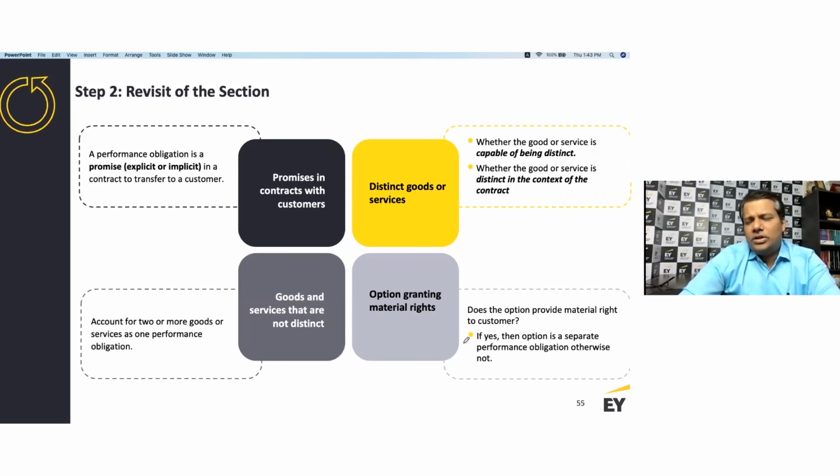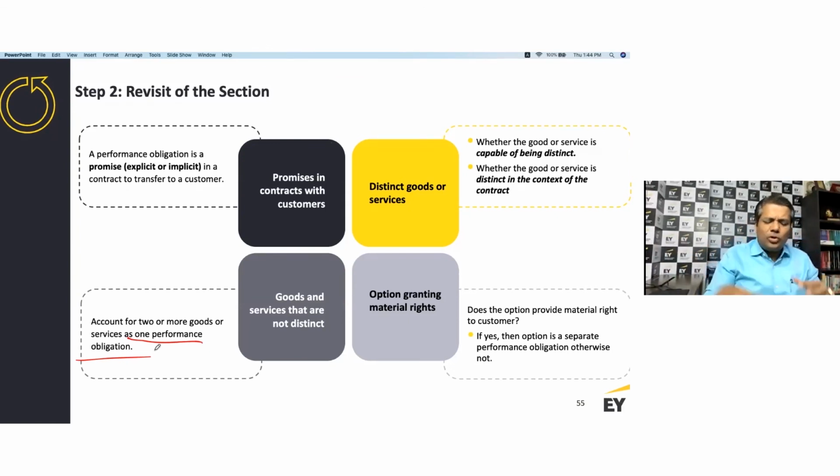If there is a series of distinct goods or services, even though they're distinct, you have to look at them as one combined performance obligation. And if they are not distinct within the context of this contract, then you account for them as one performance obligation. So in the series guidance or otherwise, when you are not supposed to separate them, you account for them as one performance obligation.